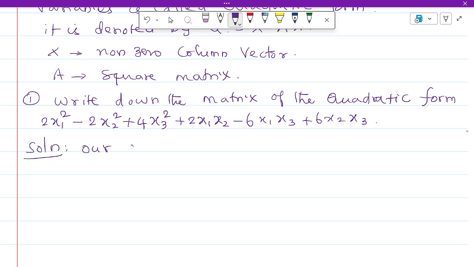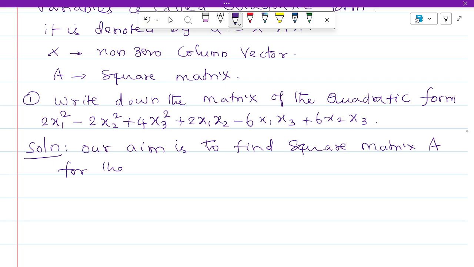Here our aim is to find the square matrix A for the quadratic form Q. Okay, now I will explain step by step how to write the matrix for the given quadratic form.